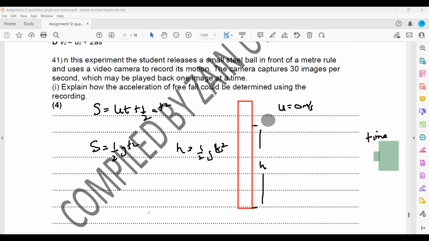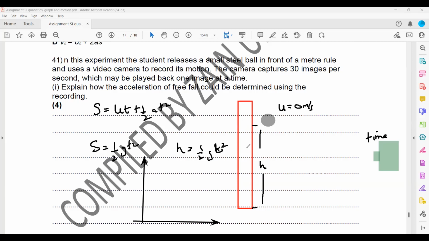Then what will we do? We will plot a graph. We'll change the height and record the time it takes using a camera: the number of images per second multiplied by the total number of images will give the total time. Like how many images in 1 second, then multiplied by the total images. So we'll work out the time.